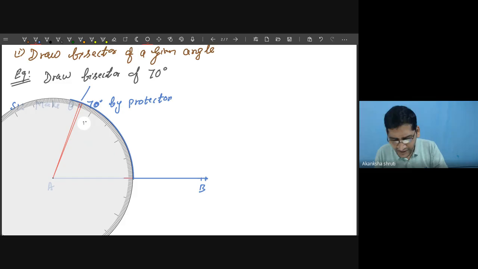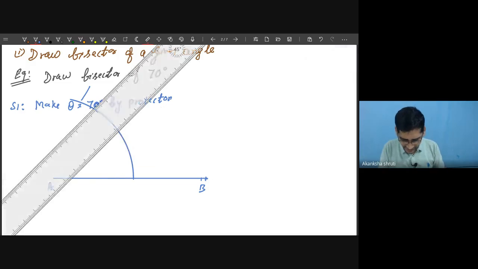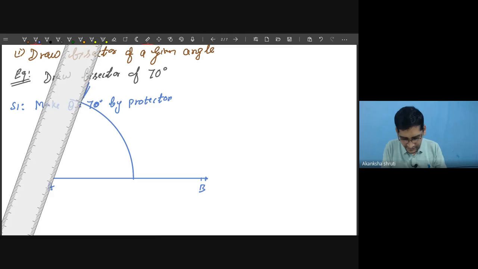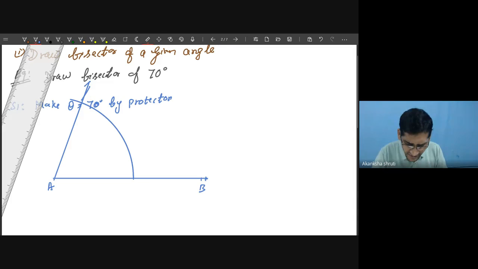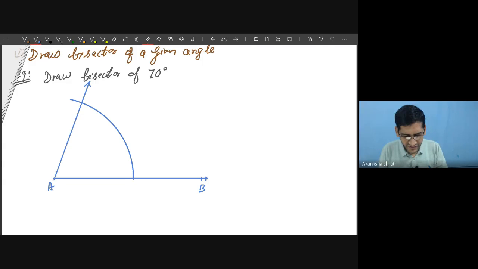So at the 70 degree, make the angle by joining O to this one. Here we are observing this angle is our 70 degree. Let me write these steps at another place.